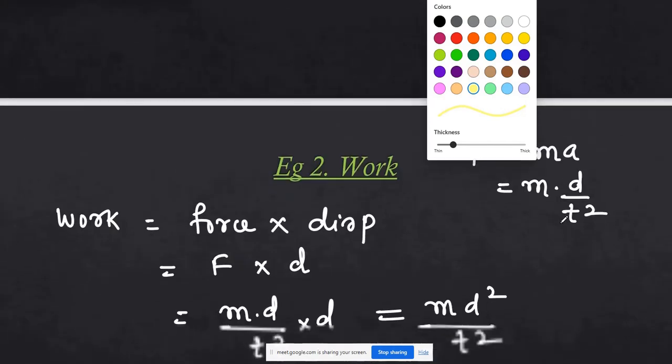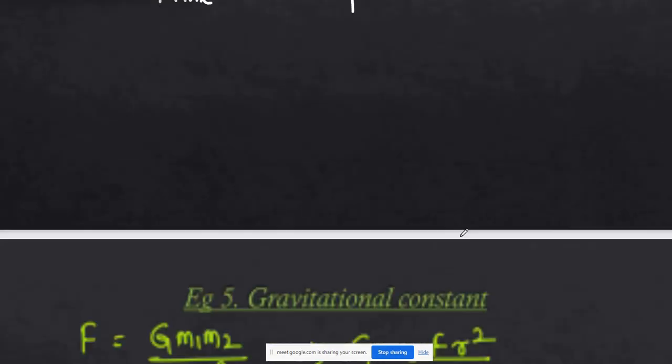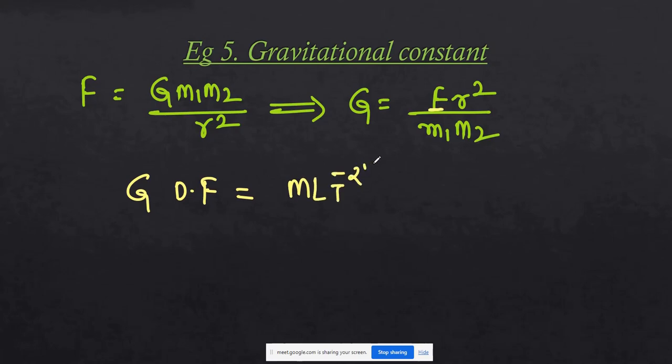What is force? M into a. M means mass M, distance is L, t square. So if we bring it to the numerator, it is M L t power minus 2. This is the dimensional formula for force, right? Just substitute here. So the G dimensional formula is equal to first force, that is M L t power minus 2, and then r square. R is the distance between two masses.